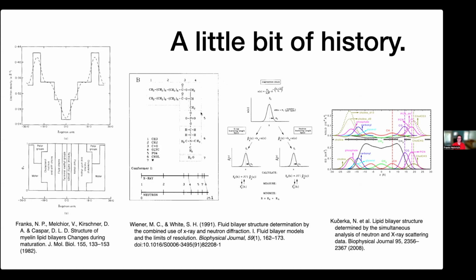And those were done based on scattering length densities for neutrons, but also electron densities for X-rays, because in the end, much of that early composition space modeling was actually initiated to do a simultaneous analysis of X-ray and neutron scattering data. People saw that using slab models for this particular application was not quite ideal, because the electron density and the neutron scattering density profiles had a significantly different shape. So that's why composition space modeling was developed.